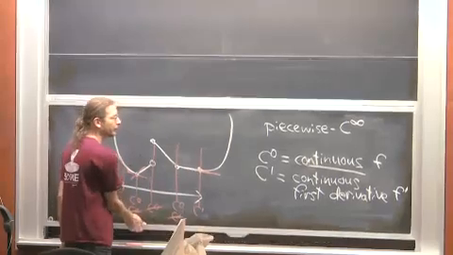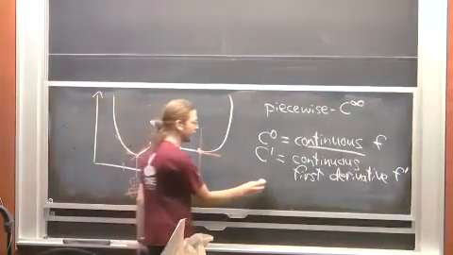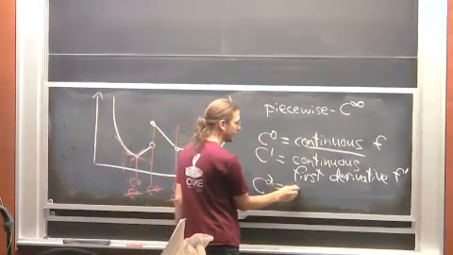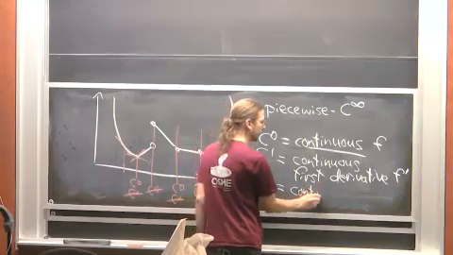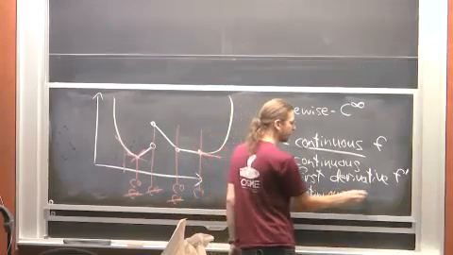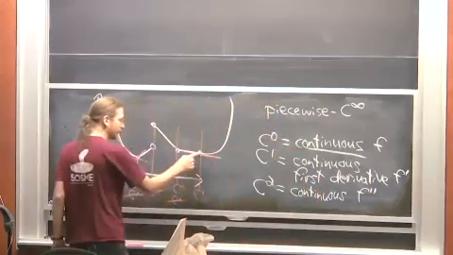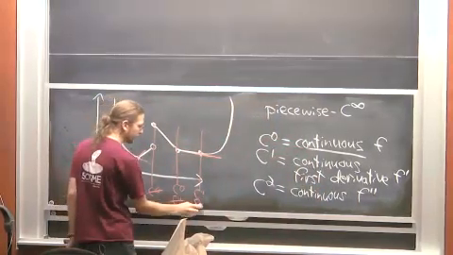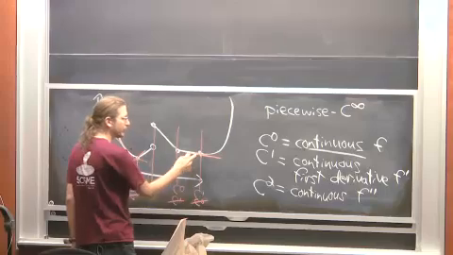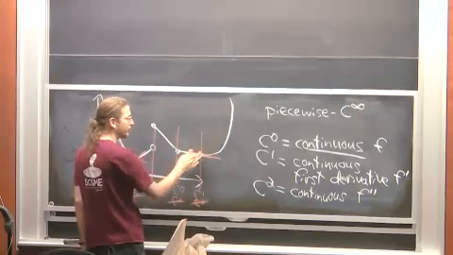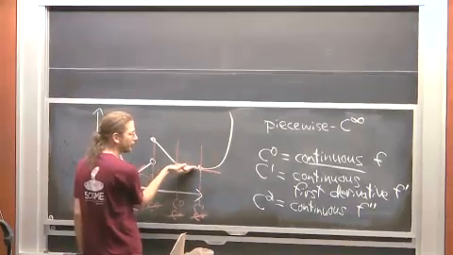Okay, you can ask for more than C1, and we do in class. We talk about C2, and this says you should have a continuous second derivative, so acceleration. And this point, for example, is not C2, because while the tangents meet, if you take the next derivative, you see that it's suddenly different. Here the tangent was completely flat.